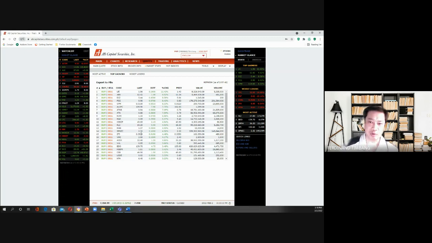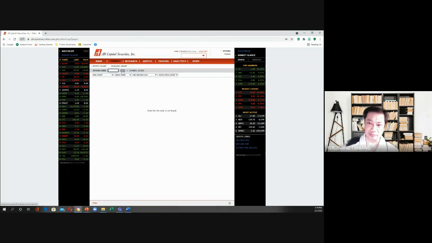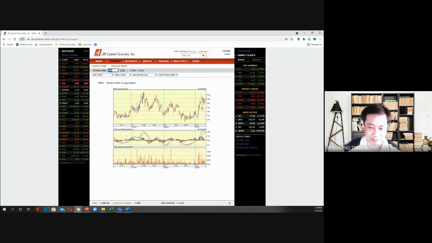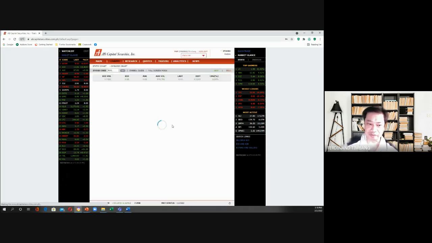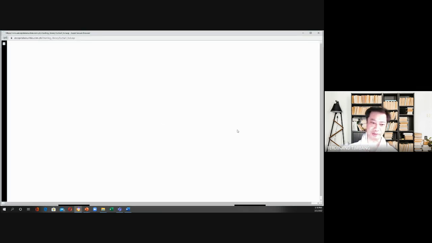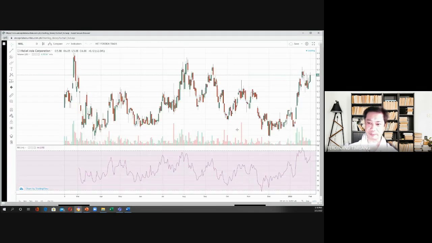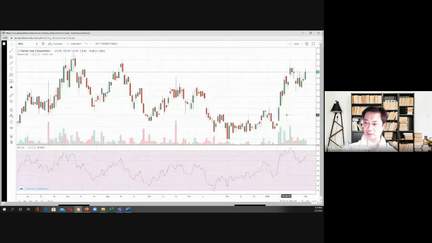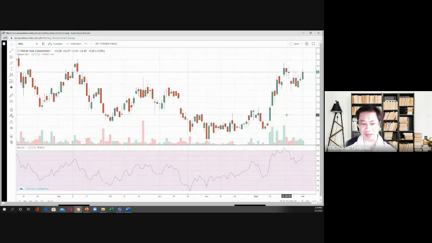And then we can also use the charts if you want. For example, let's look at nickel, my favorite stocks, or FCC. So this is an example. This is something that can be observed. You can see the pattern of the price of the stock, if it is going up or going down.